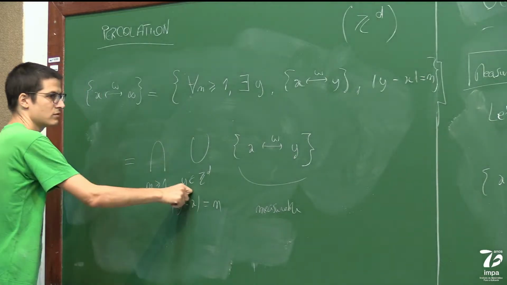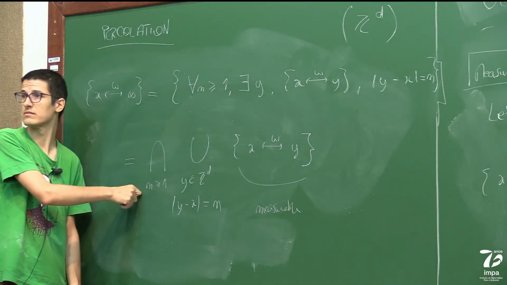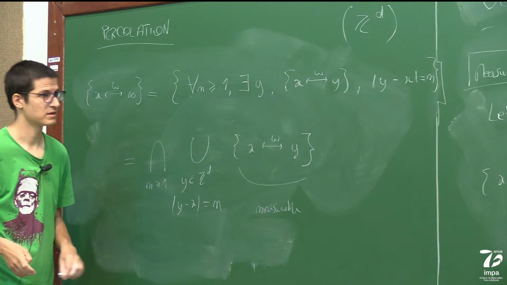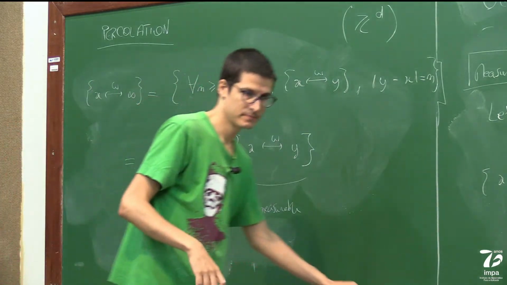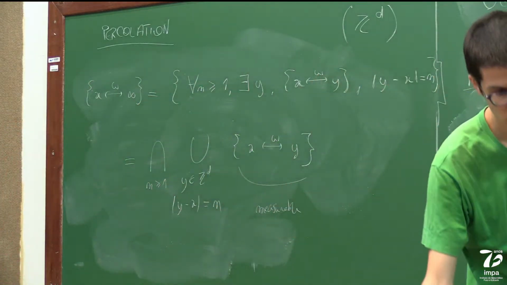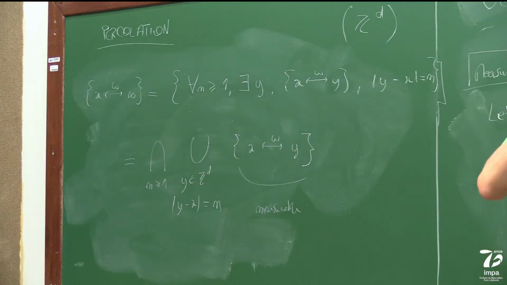This is a finite union, and this is a countable intersection. So everything is fine. Okay, any questions so far?